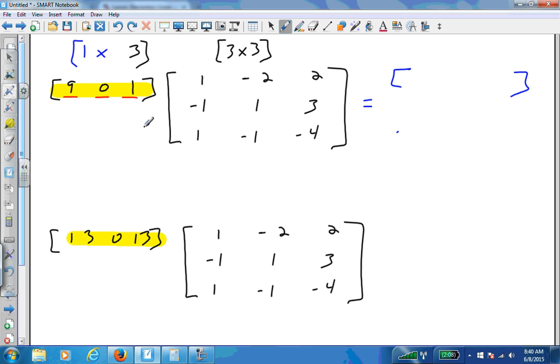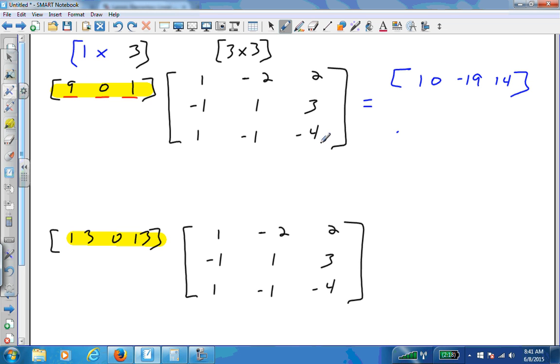So row times column, so 9, 0, 1, that'll give us 10. This row times this column, so -18, 0, -1, so -19. 9 times 2 is 18, 0, -4, so 18 minus 4 is 14.